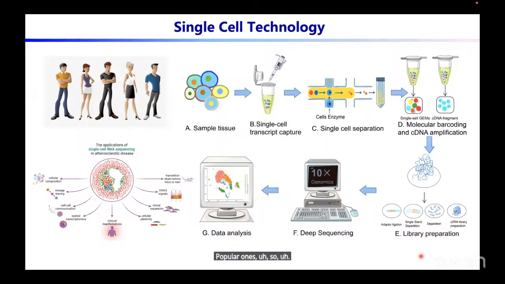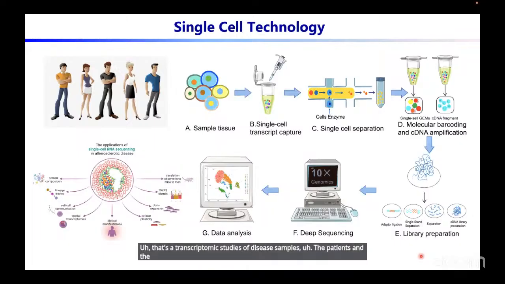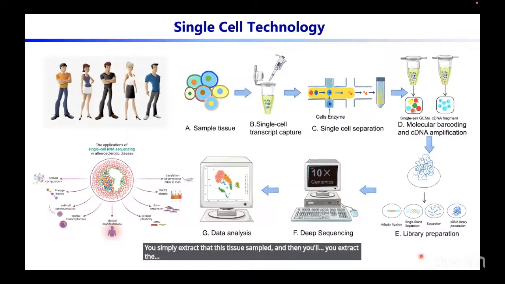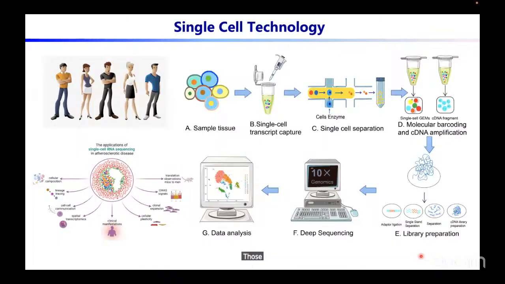It is in contrast to the bulk transcriptomic studies of disease samples, the patients and the animals, those kind of studies. In the bulk transcriptomic studies, you simply extract the tissue samples, and then you extract the RNA, and then do RNA-seq, those kind of studies.